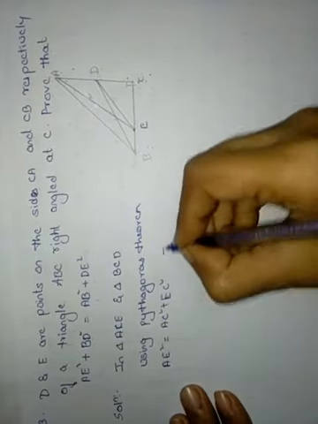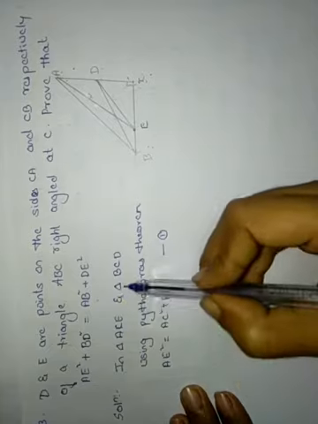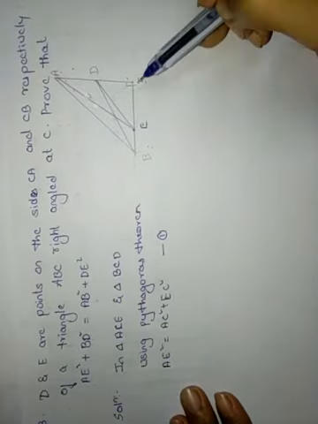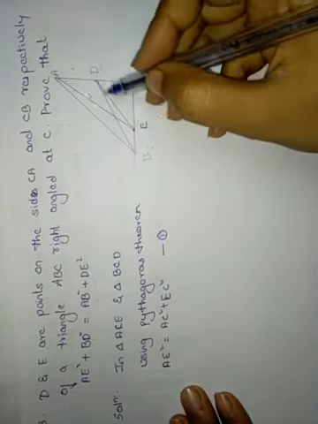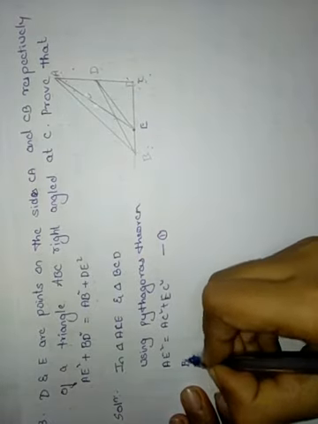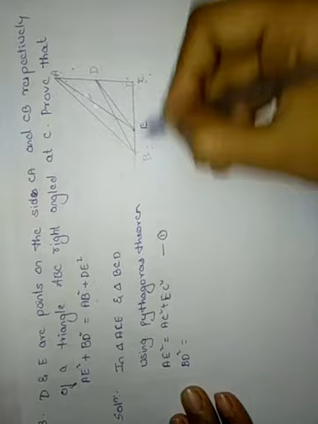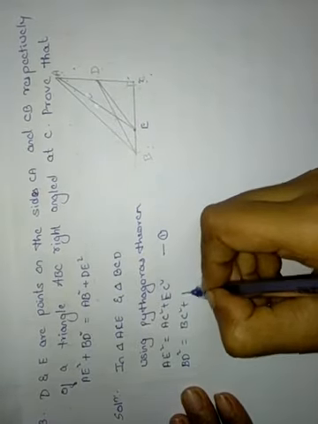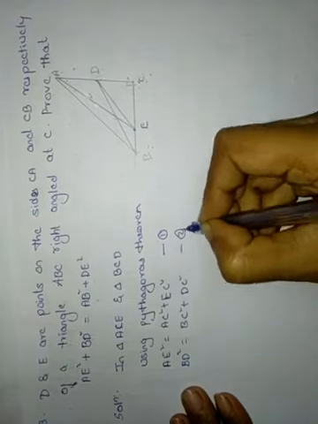We'll call this equation 1. Here we have taken the triangle BCD. The hypotenuse of this triangle gives BD square equals BC square plus DC square. We'll call this equation 2.